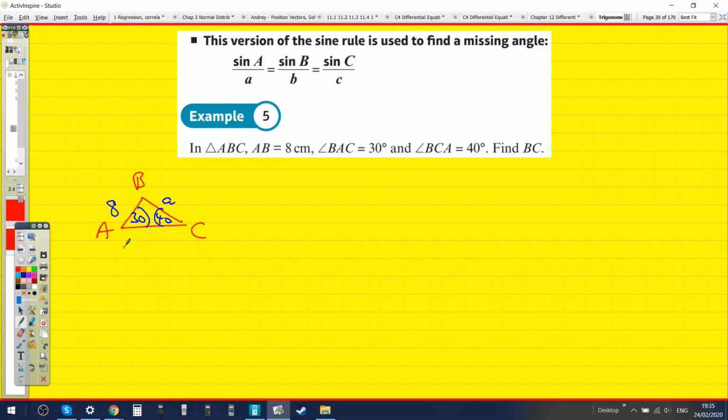So what I need to do, sorry, is sine 40 over 8 equals sine 30 over BC. Yep. And you could just calculate it. Yeah.